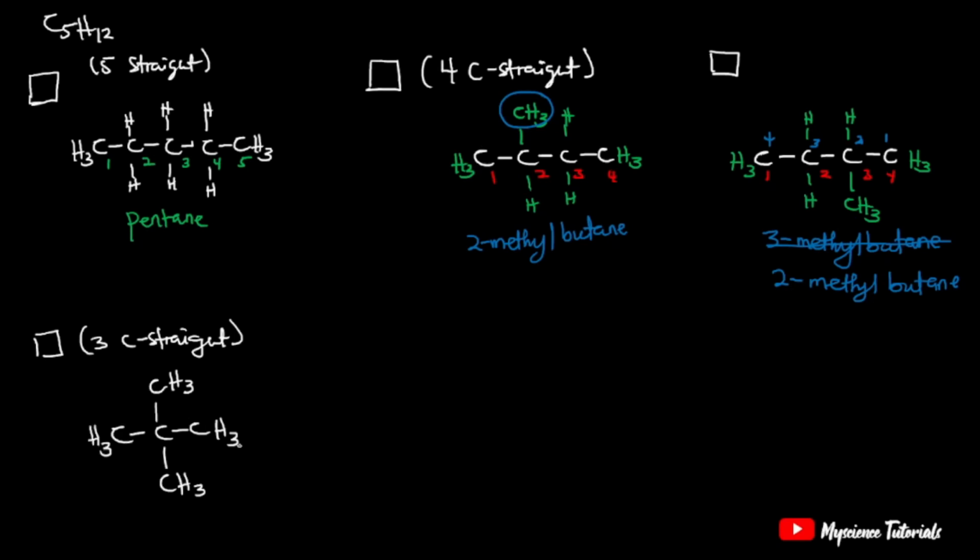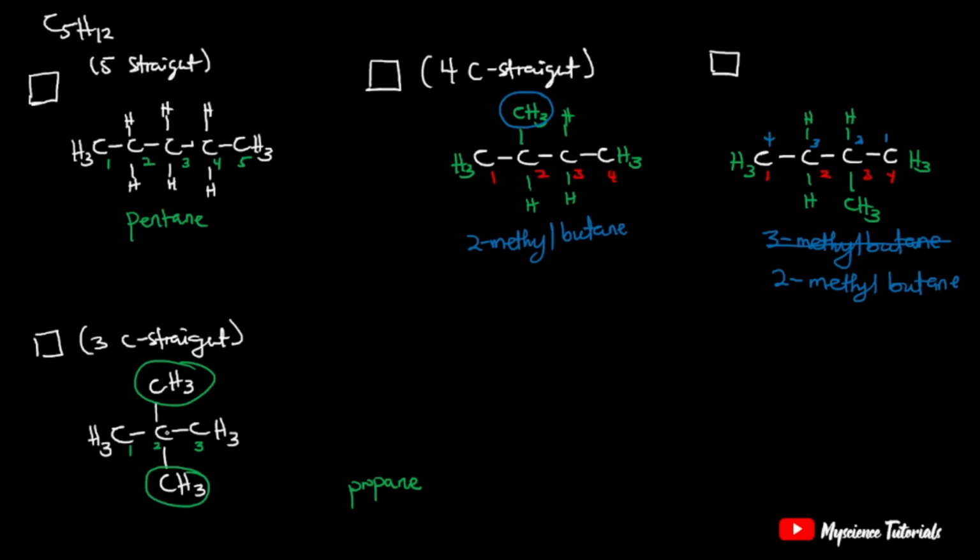So we have our longest chain over here, which will be carbon 1, carbon 2, and carbon 3. So we have what? Propane here. This is propane. So we can see that we have a methyl group over here. We have another methyl group over here. So we have two methyl groups on this propane long chain over here.